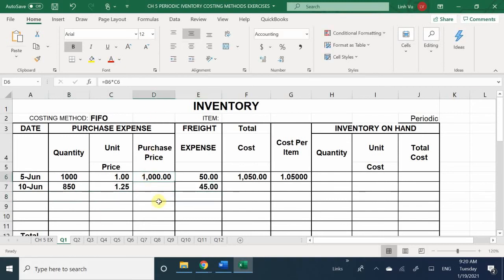So then what's my purchase price going to be? $1,062.50. My total cost? $1,107.50. And what is my cost per item going to be here? 1.302. Okay.